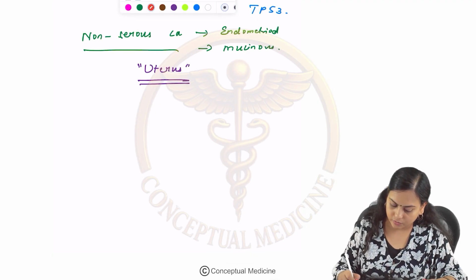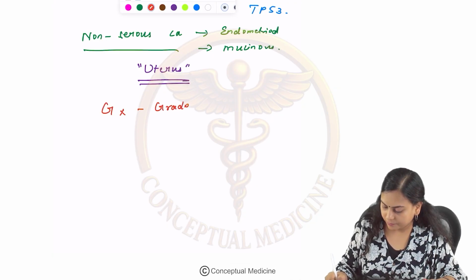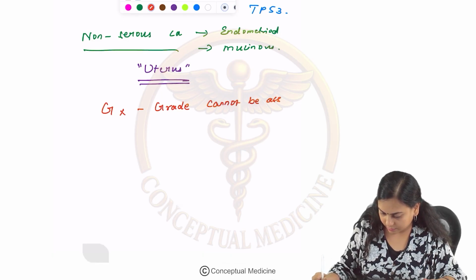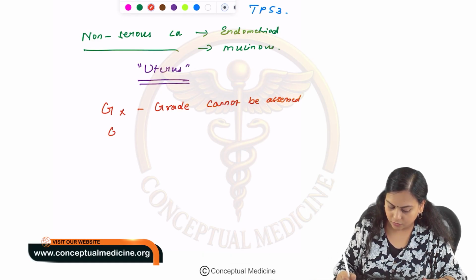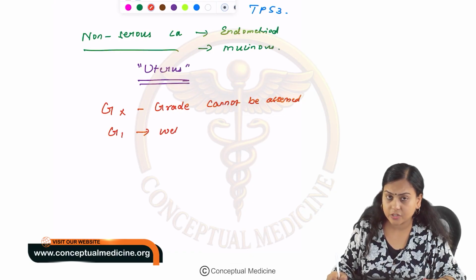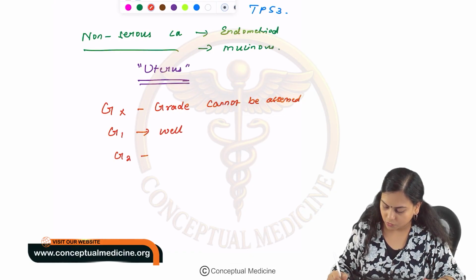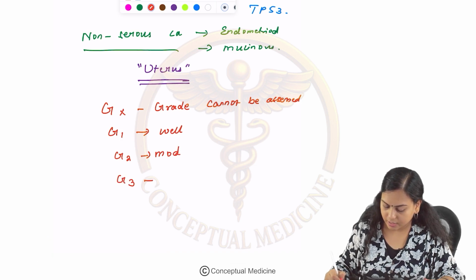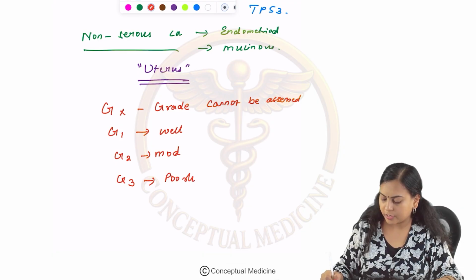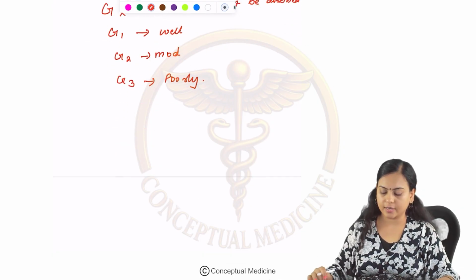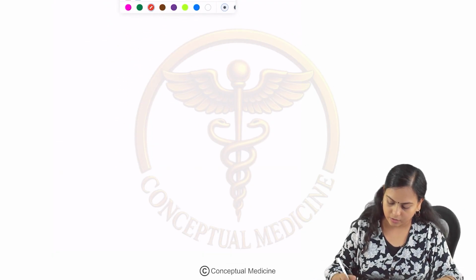So GX means the grade cannot be assessed. G1 is a well differentiated tumor, G2 is a moderately differentiated tumor, and G3 is a poorly differentiated tumor. That's it. Clear?